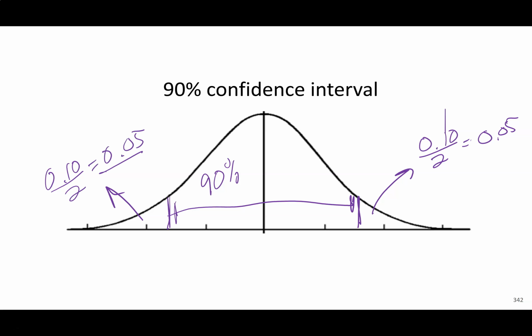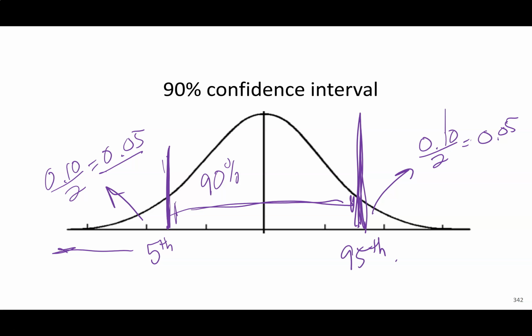So I have 5% in my lower tail, 90% in the middle, and then 5% in my upper tail. Adds to 1. But here, that means I want my 5th percentile, and then 5 plus 90, my 95th percentile.